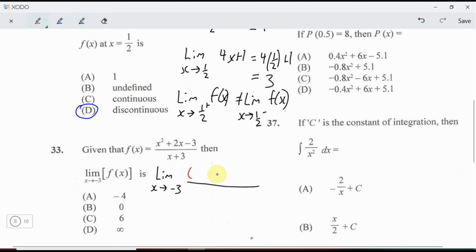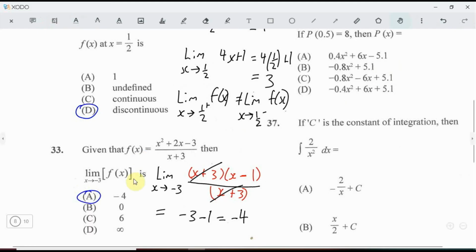So we factor it, x, signs are different, the bigger number gets the positive. So this gets the 3, this gets the 1, x plus 3. Now the x plus 3 cancels the x plus 3. And now we just plug in x as negative 3. That becomes negative 3 minus 1, which is negative 4. Once we get negative 4, that's option A.